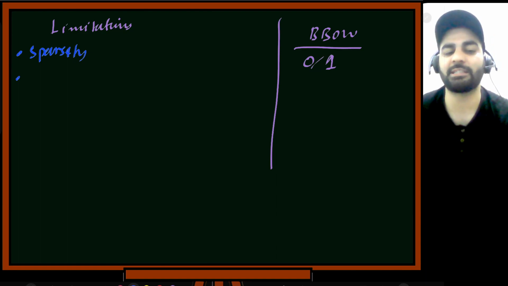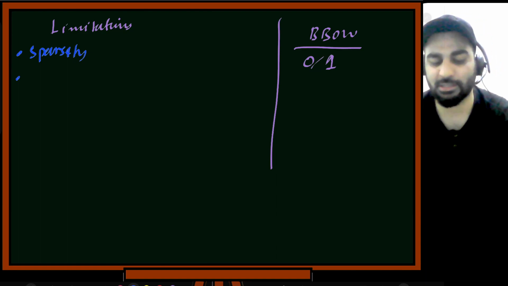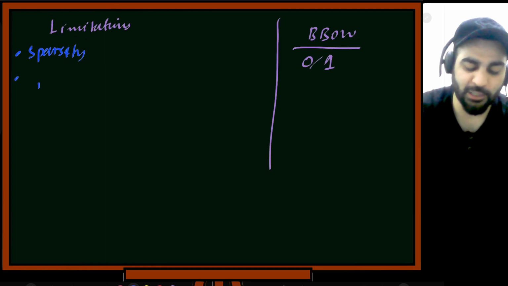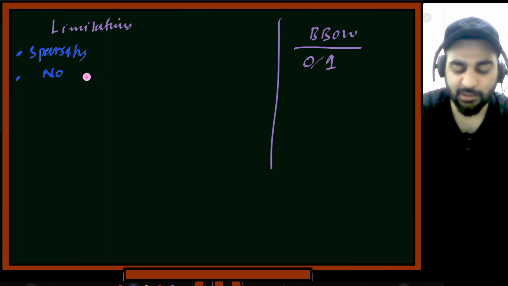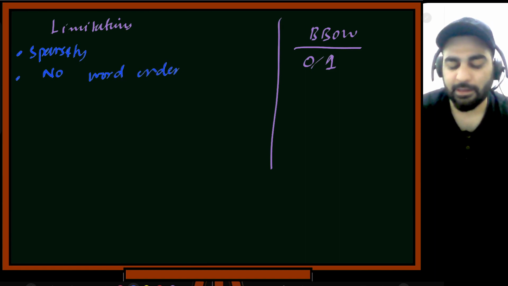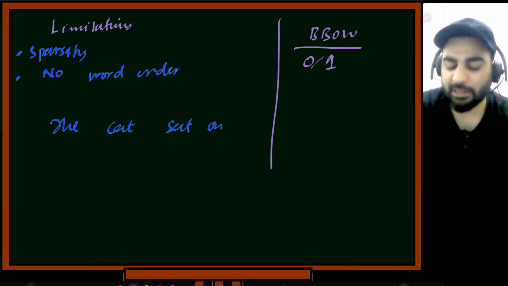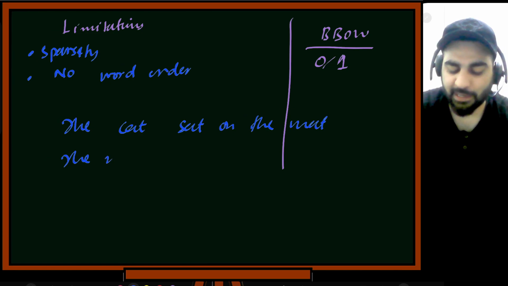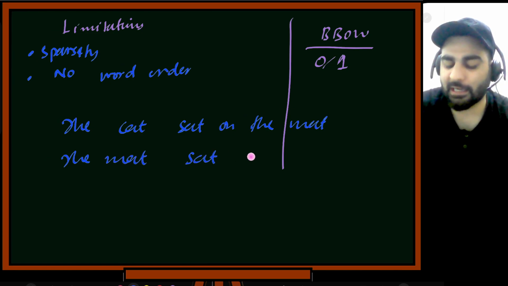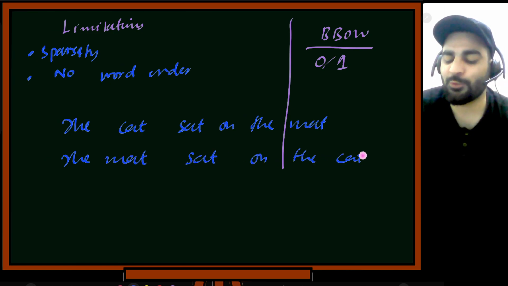The second limitation is that the word order is lost. There is no respect for word order. Now, if you see, "the cat sat on the mat" and "the mat sat on the cat" are two different sentences.